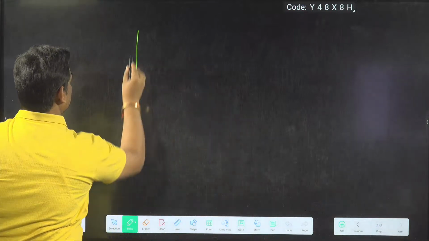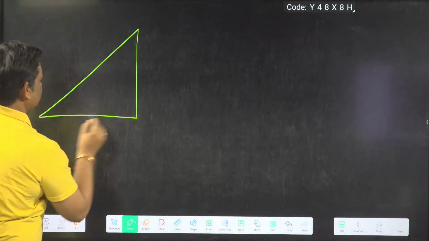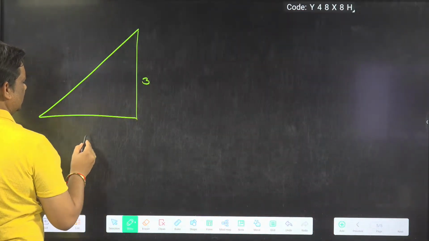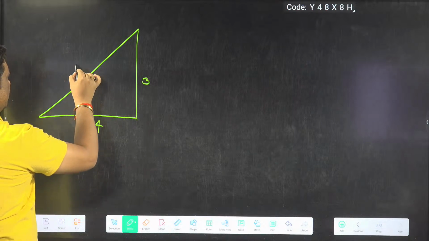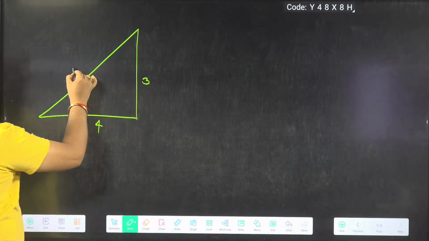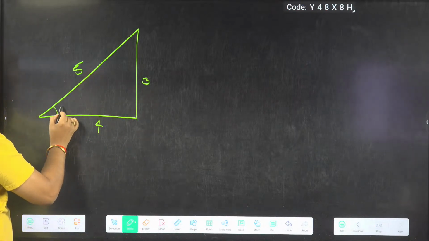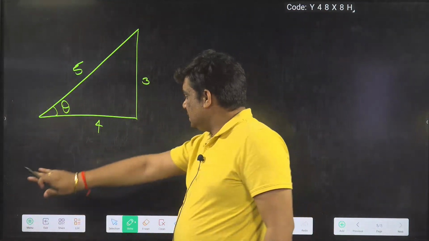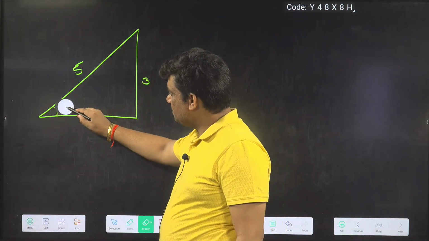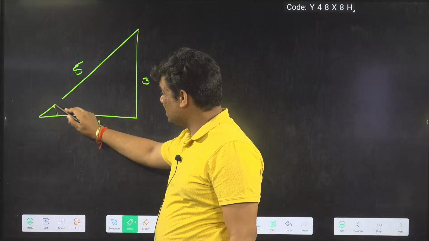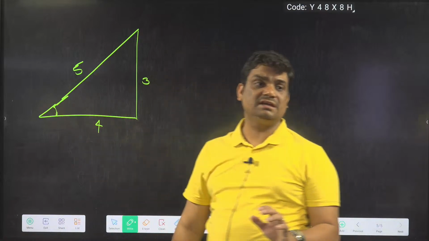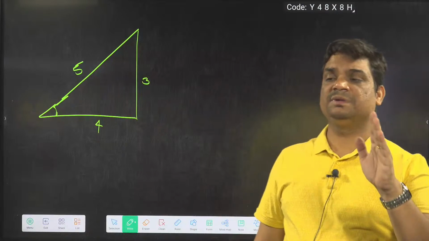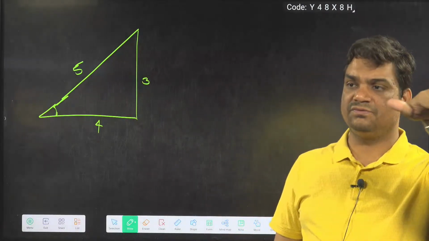This is a standard triangle. If this side is 3 and this is 4, this will be 5. This is theta. This is known as a standard triplet, the pair 3, 4, 5.